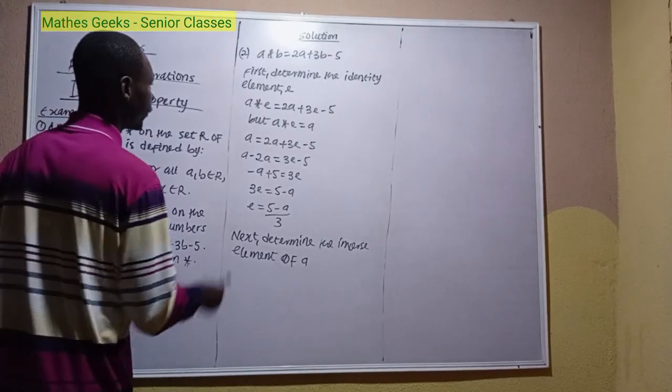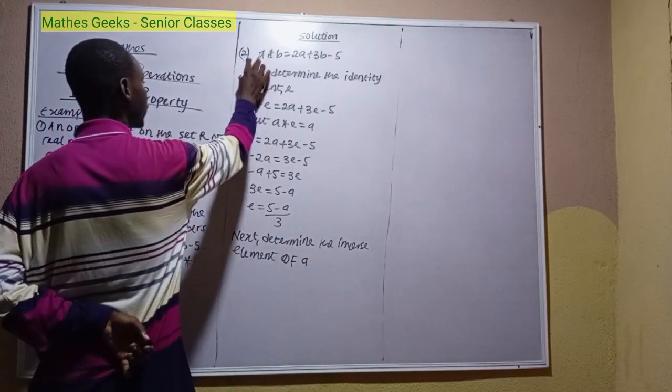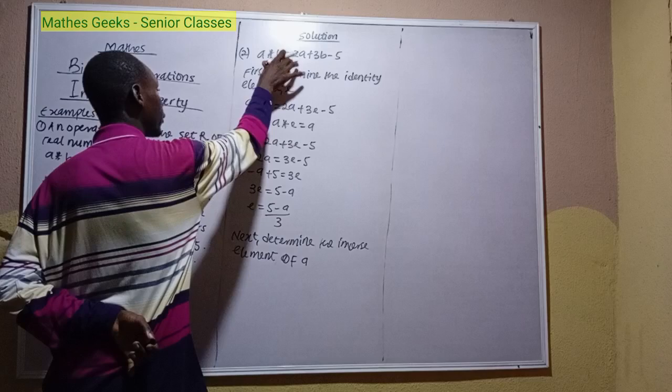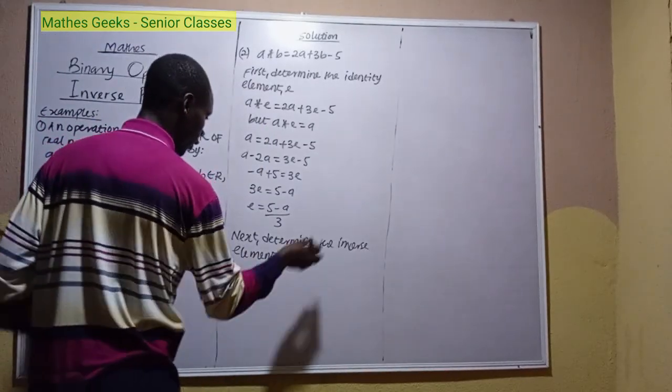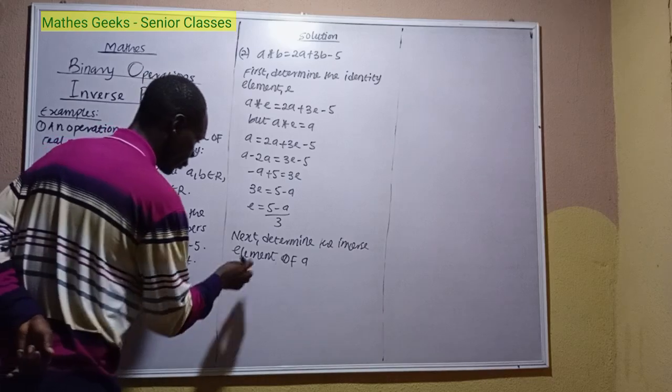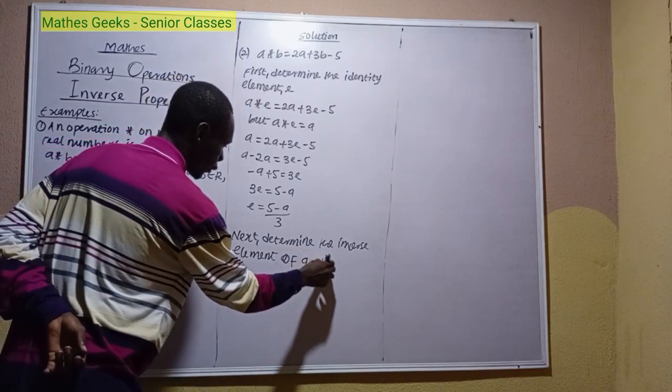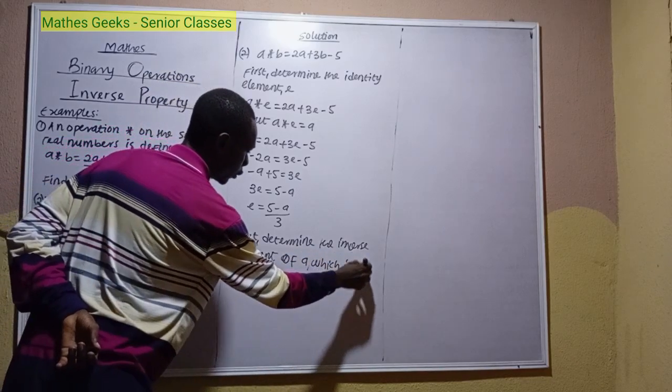So now, if that be the case, in this operation, B will be replaced by E inverse, which is A raised to minus 1, which is E inverse, which is A minus 1.